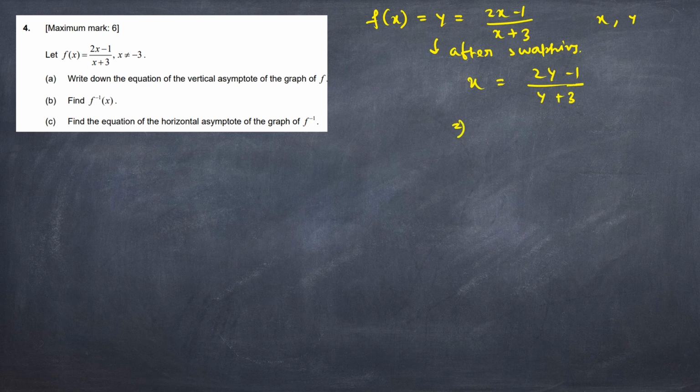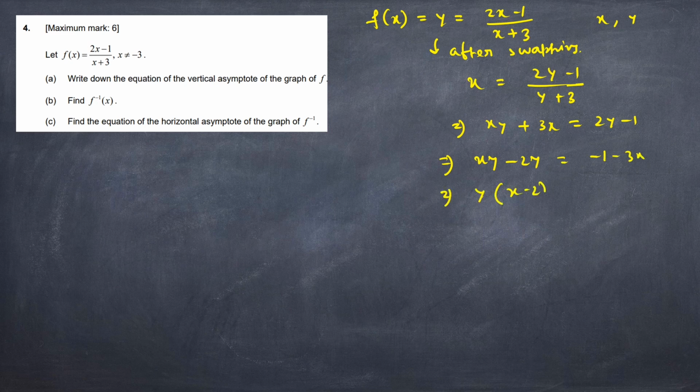So just we will cross multiply that. So xy plus 3x is equals to 2y minus 1. So we will take the y parts in one particular side. So xy minus 2y is equals to minus 1 minus 3x. So we can take y common.